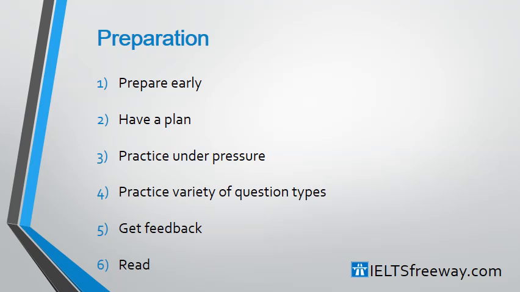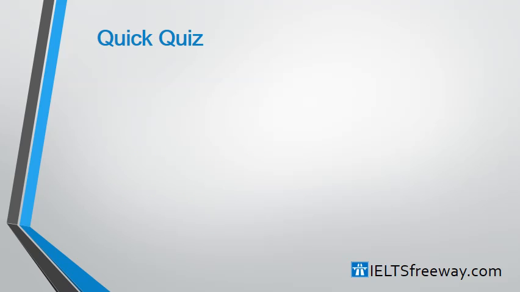Okay, so that's all for this first video about basic information, apart from a quick quiz. So, can you name 3 common IELTS topics? Well, if you quickly flick back to the list, you can have health, environmental issues, education, criminal justice, youth crime, and so on.